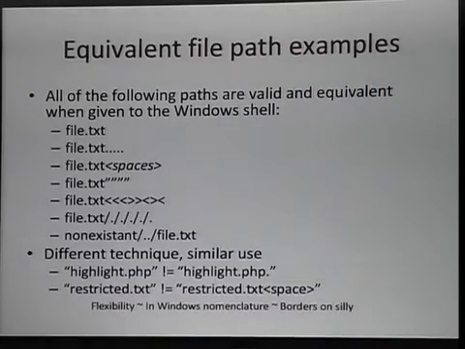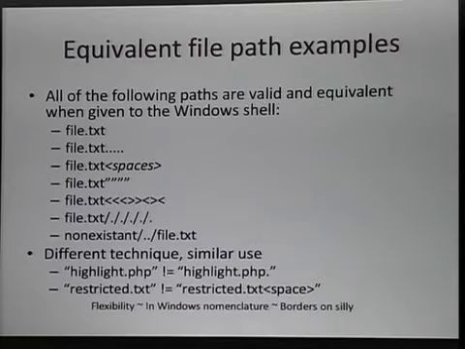So all of these names, file.txt with a bunch of spaces, periods, double quotes, angle brackets, whatever, all of these refer to the same exact file. Now, if you look at that and think about how am I going to write a regular expression for this, you kind of want to kill yourself a little bit. So that said, let's move on.